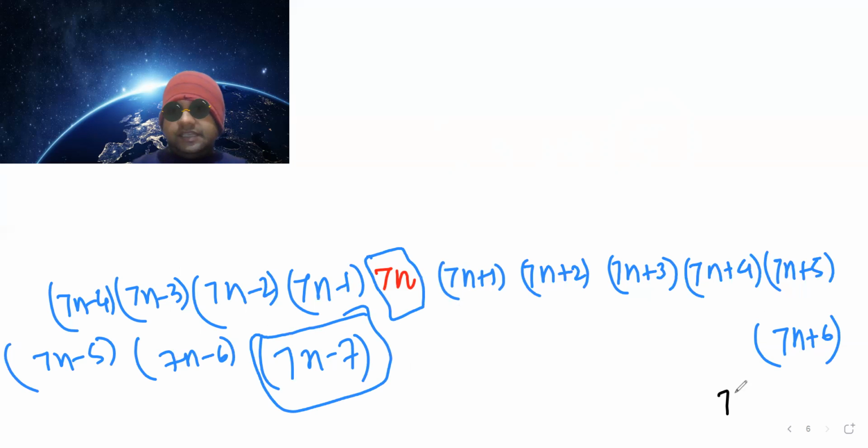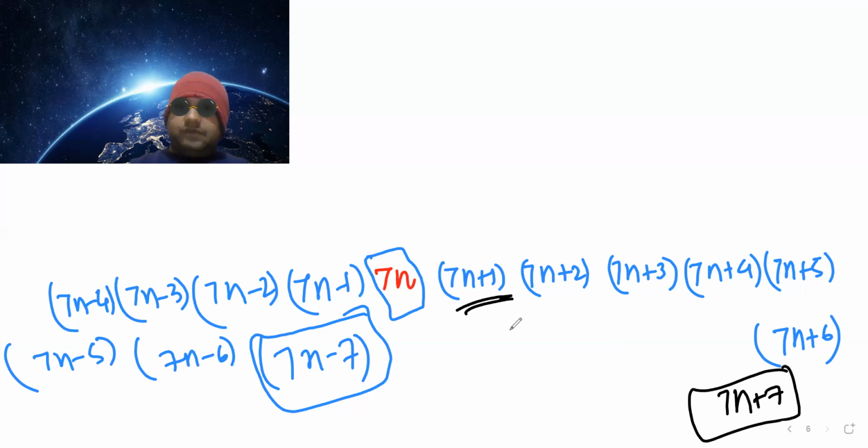And here 7n plus 7 is a multiple of 7. The number right after the multiple is 7n plus 1. The number right before a multiple is 7n minus 1. So 7n minus 1 is nothing but 7n plus 6.